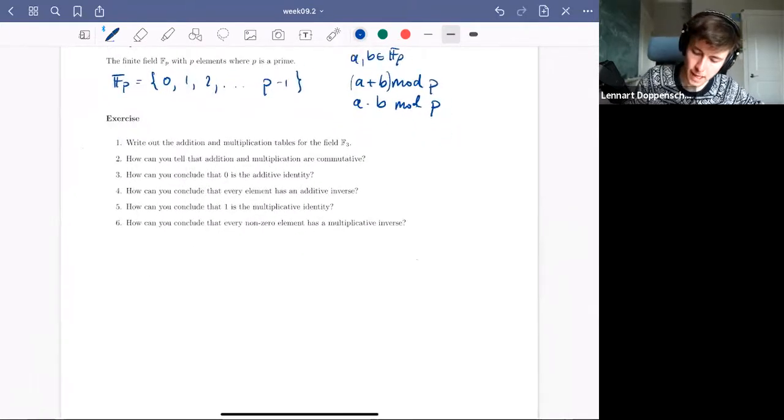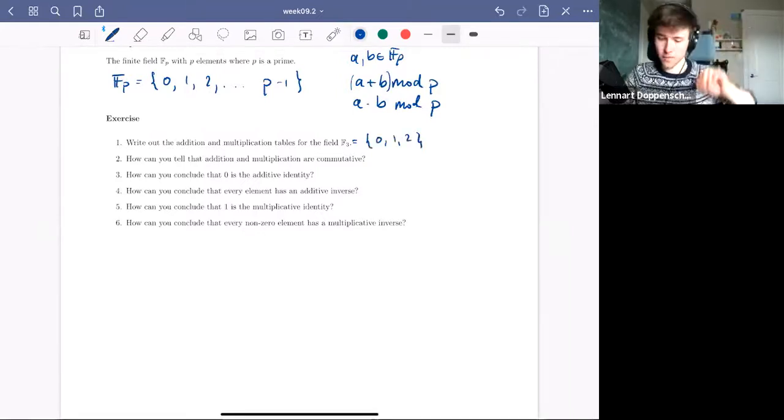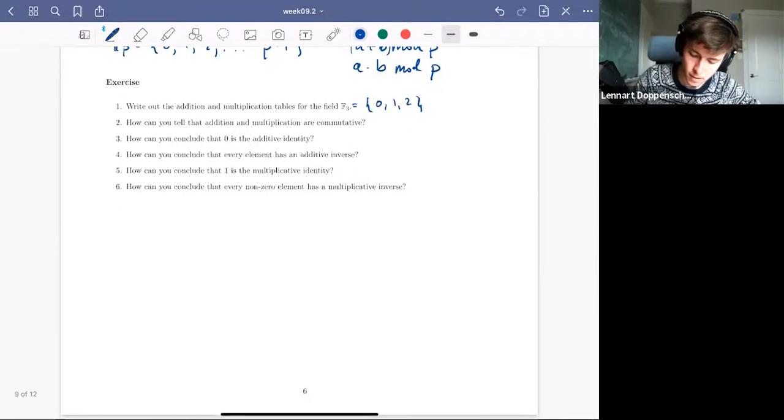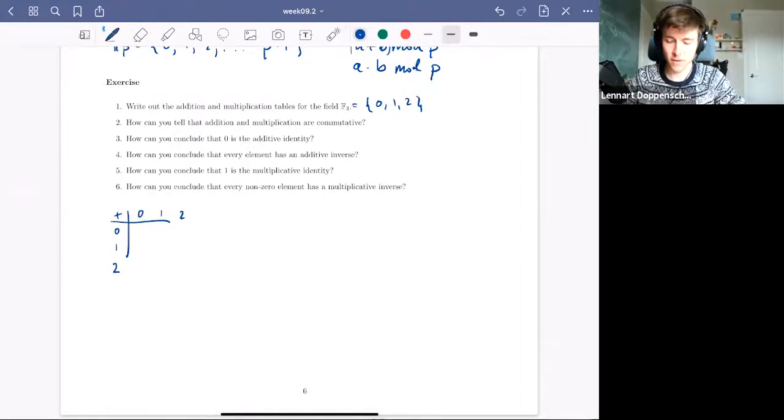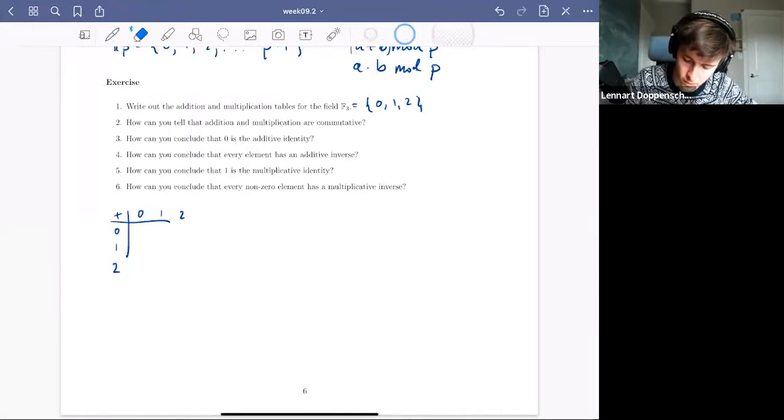So basically F_3 is this field with 0, 1, and 2. And I want you to write down this table for addition. We have 0, 1, and 2 along the row and column, and then the place here would be the sum of the column and the row. And the same for multiplication.